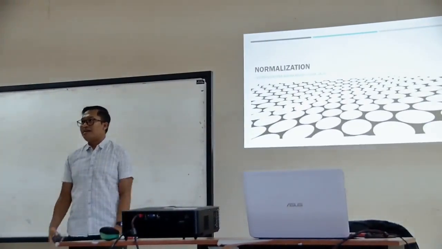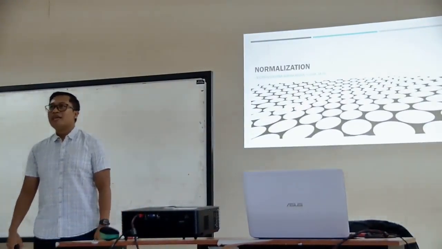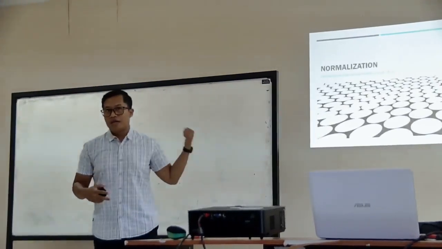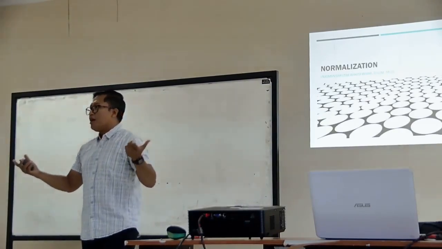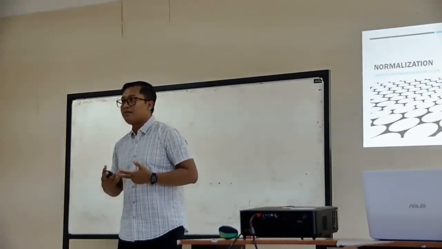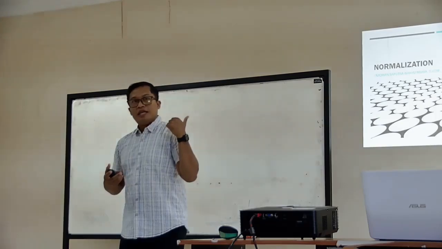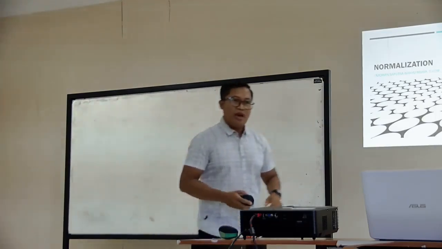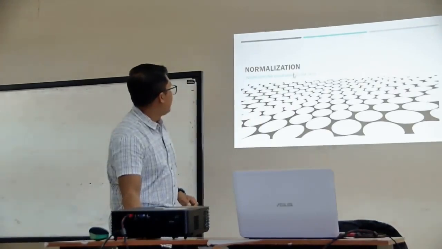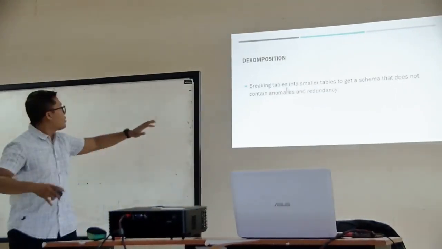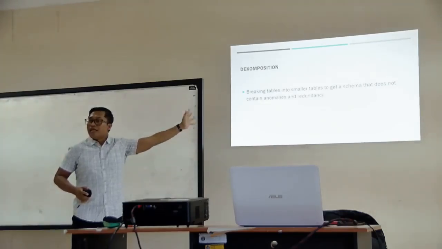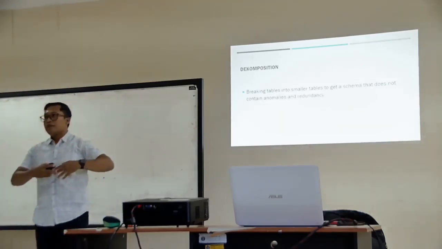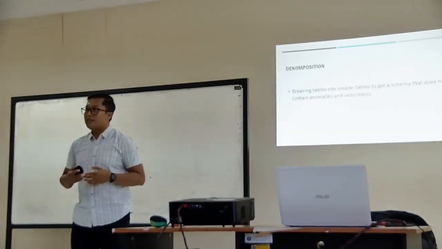It may be confusing, because in the first meeting of normalization we will meet new terms that we have not learned before. The first one is decomposition. What is decomposition? Decomposition comes from the tables or relations that we have in the relational model.